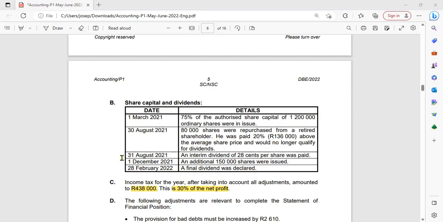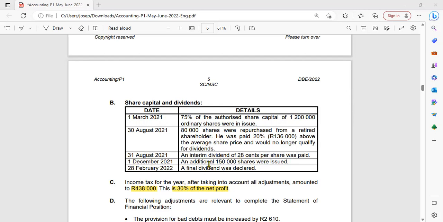Okay. On the 31st of August 2021, an interim dividend of 28 cents per share was paid. Then on the 1st of December 2021, an additional 150,000 shares were issued.